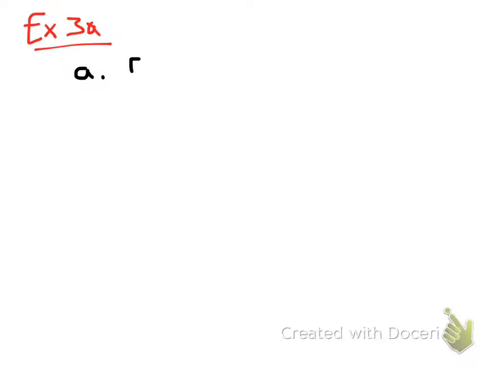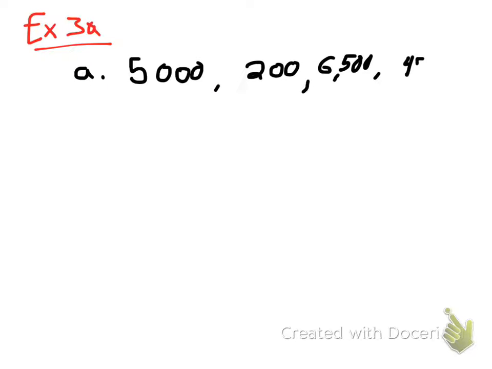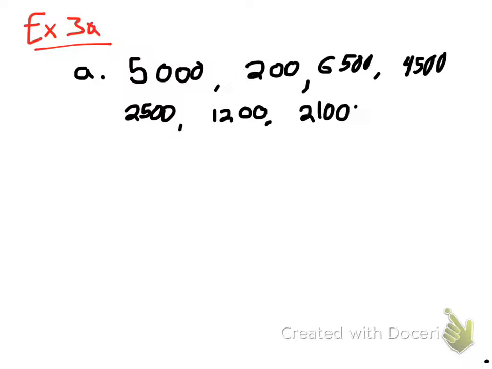So I'm going to give you a list: 5,200, 6,500, 4,500, 2,500, 1,200, and 2,100. Alright, so go ahead, write down what you think is the outlier in this data set.